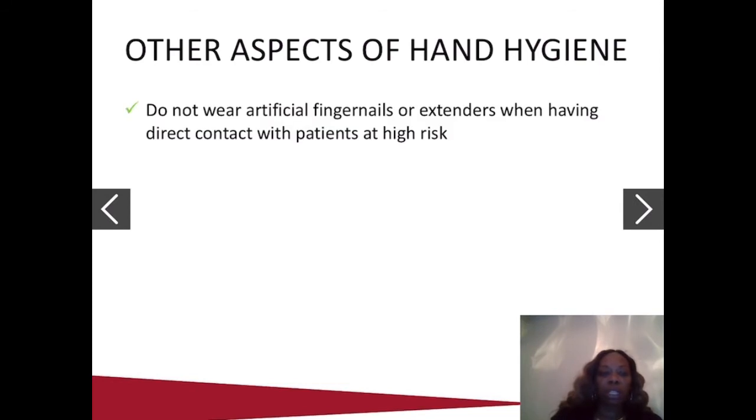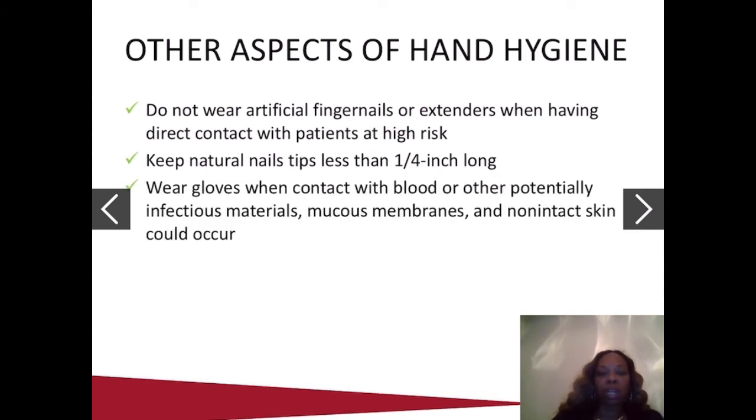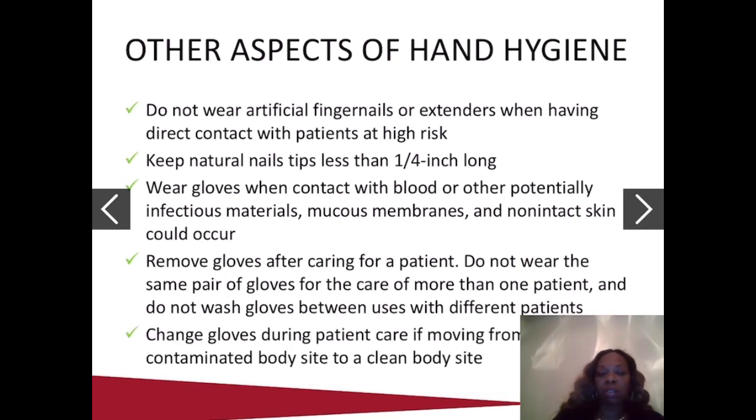Keep natural nail tips less than 1/4 inch long. Wear gloves when in contact with blood or other potentially infectious material, mucous membrane, or non-intact skin. Remove gloves after caring for a patient. Do not wear the same pair of gloves for the care of more than one patient, and do not wash gloves between use with different patients.